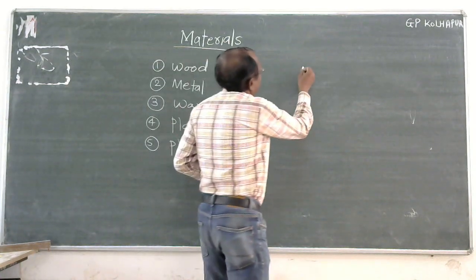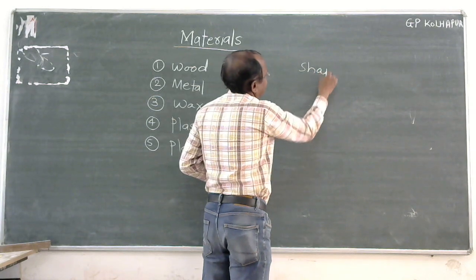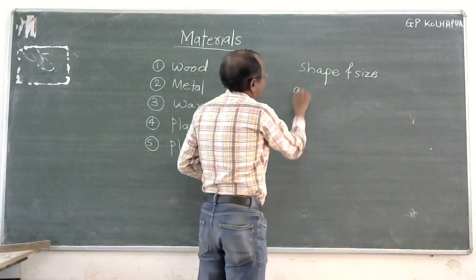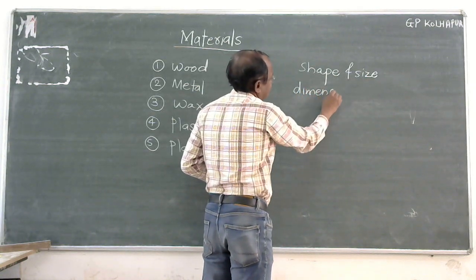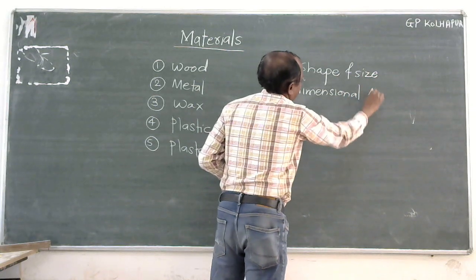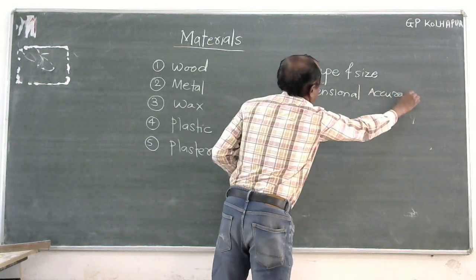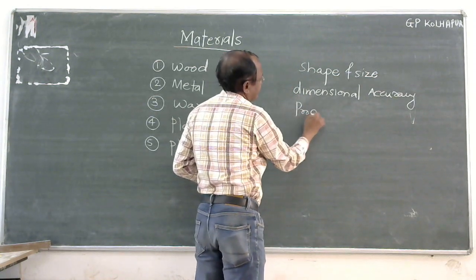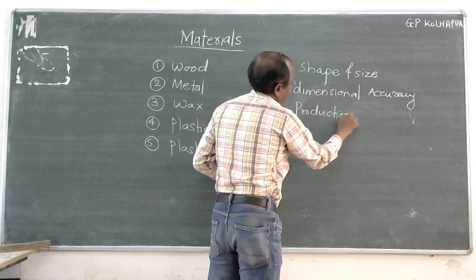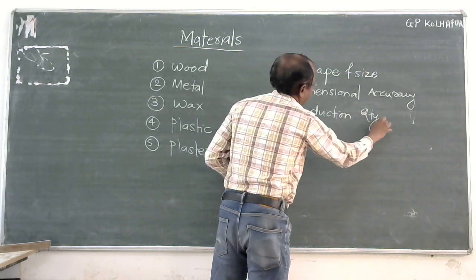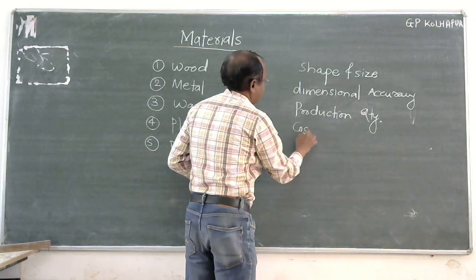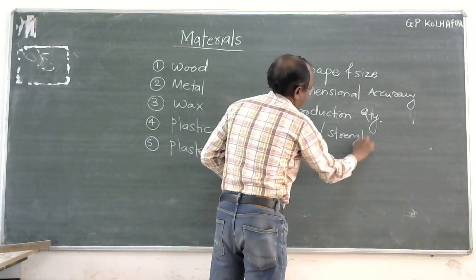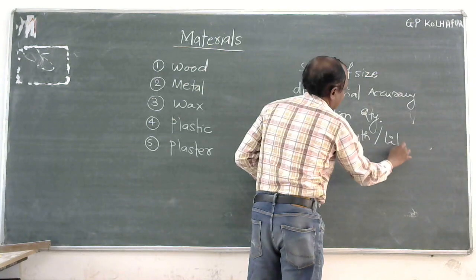That depends on the shape and size required, that is the complexity of the model, then dimensional accuracy, then the output or production quantity, and then cost also matters, then strength, and then life of the pattern.